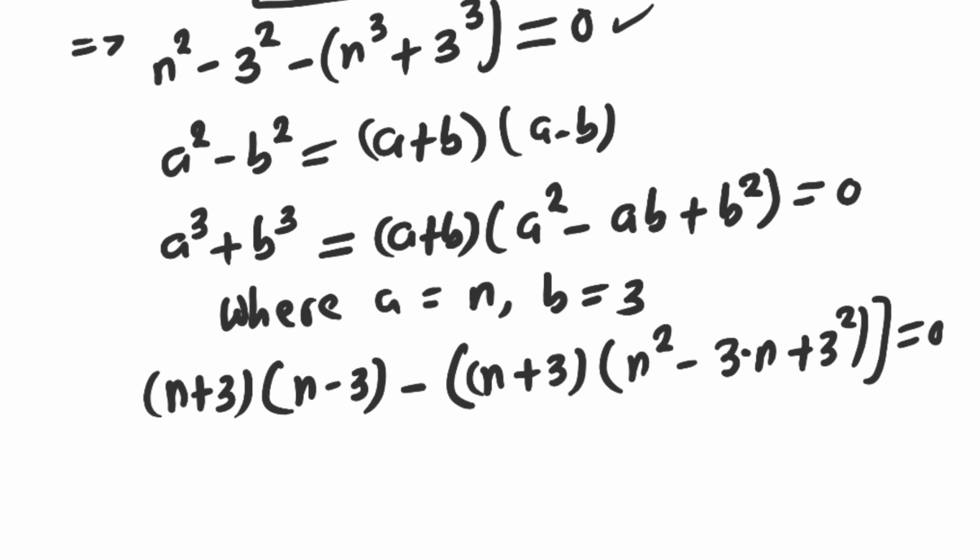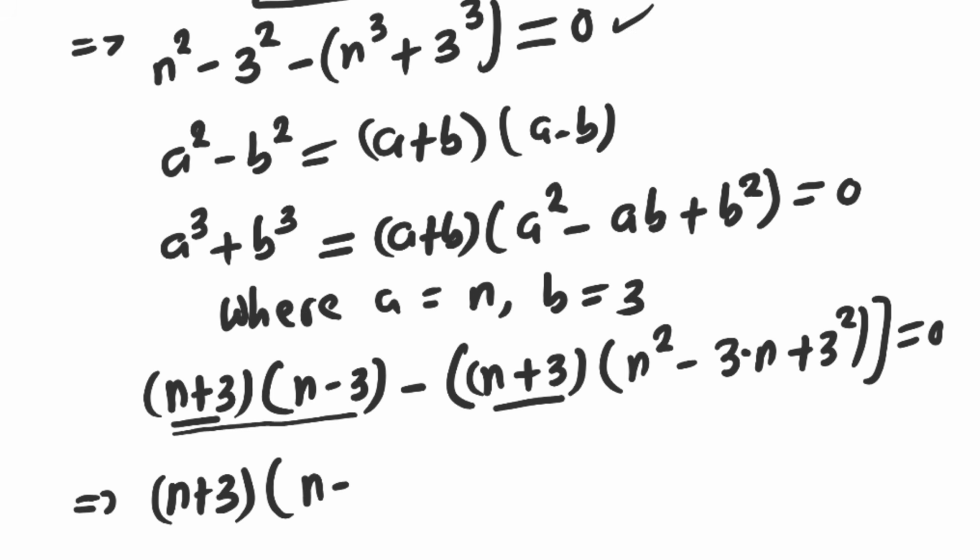Then you can see that here n plus 3 is common and n plus 3 is here. Let's bring it out. This is n plus 3 bracket. If you divide the whole of this by n plus 3, we have n minus 3.